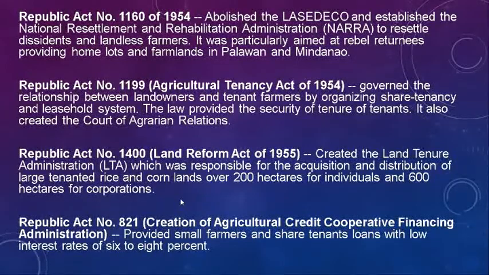Also, there's this Republic Act number 821, which was the creation of Agricultural Credit Cooperative Financing Administration, which provided small farmers and shared tenants loans with low interest rates of 6 to 8%.